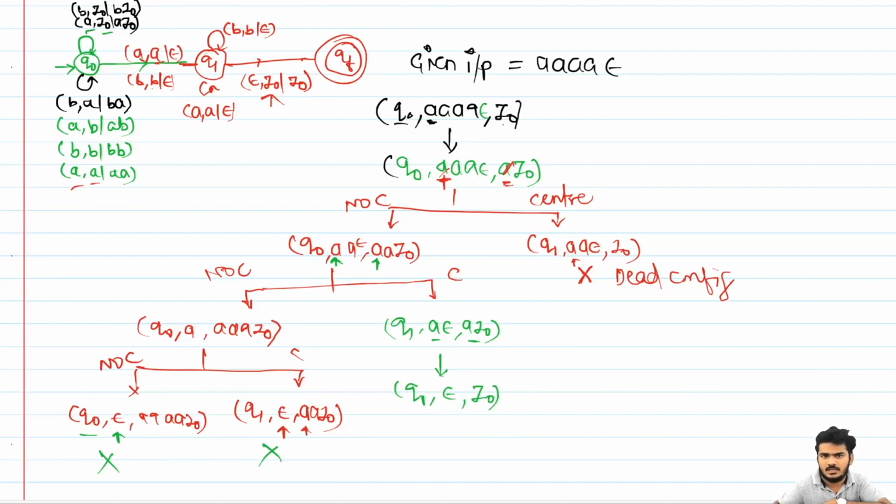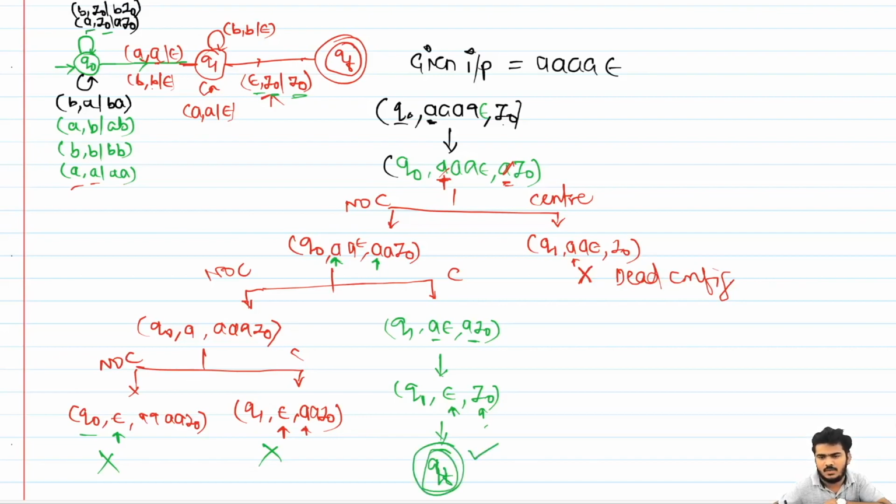So again in Q1 I will check: if the input is epsilon and the top of the stack is Z naught, what do I have to do? I have to keep that Z naught as it is as the top of the stack, and I will move to the final state. So in this way I am moving to the Qf state, and that state is final.